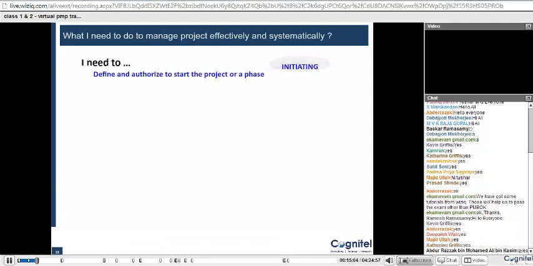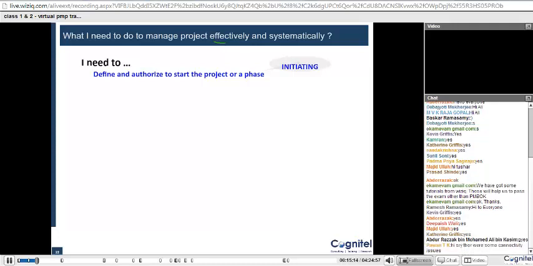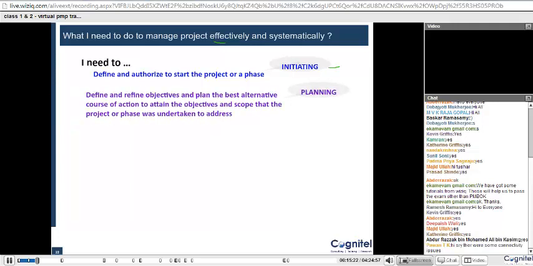So what do I need to do to manage a project effectively and systematically? First of all, we need to define and authorize our project or a phase, and that's what we do under initiation.